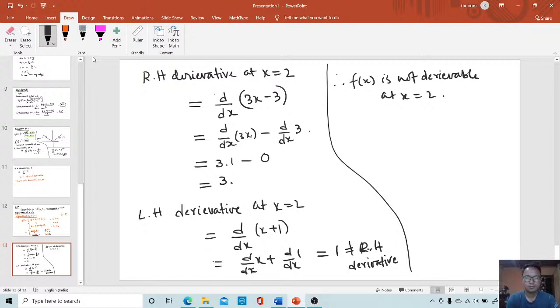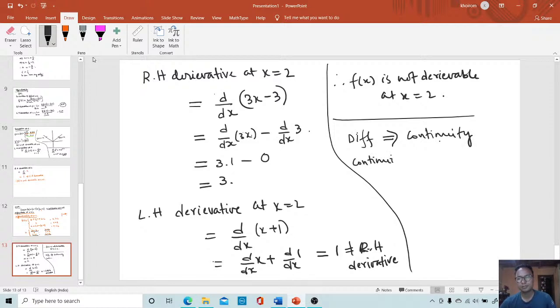Now let us look at the theorem relating derivability and continuity. The theory is what? Differentiable with the function of continuity. Differentiable means continuous as well. But continuity, how about continuity?